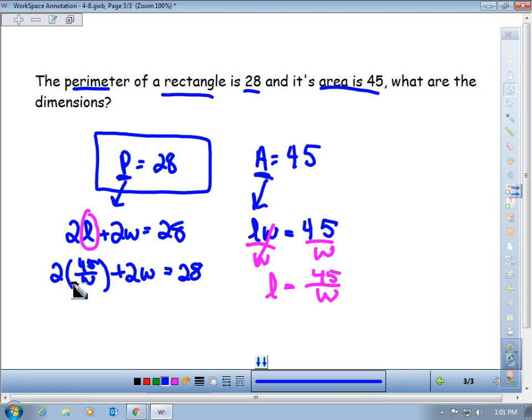Then I'm going to multiply this by 2, so that's really 90 over W plus 2W equals 28. I know you're probably saying, what in the world do I do here?